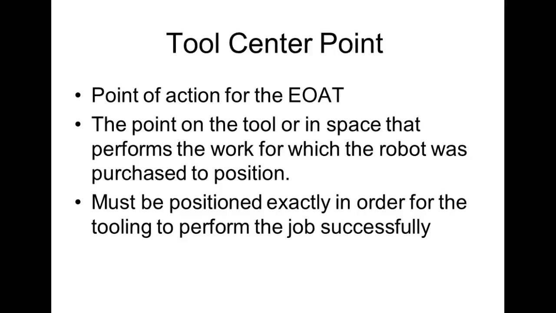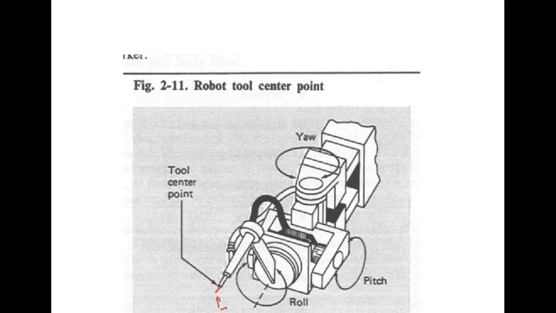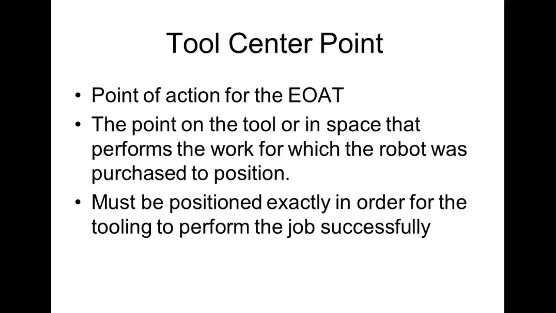By default, when you buy your robot, the tool center point is in the middle of the mounting plate. When I buy a robot from KUKA, they have no idea what tool I'm going to mount on that. So on the mounting plate, which has all the little tiny screw holes in it, the tool center point is going to be exactly in the center. That's where it's set by default.